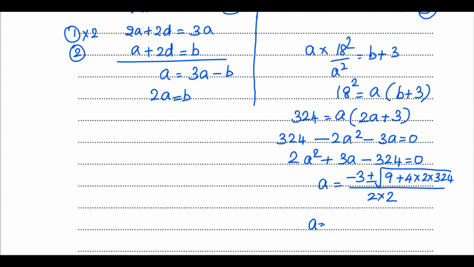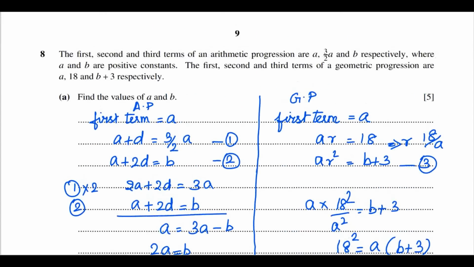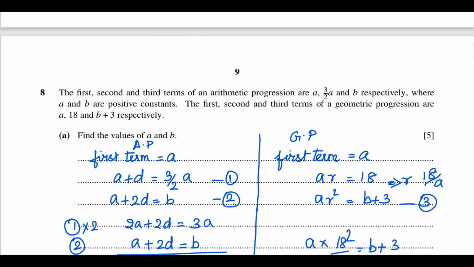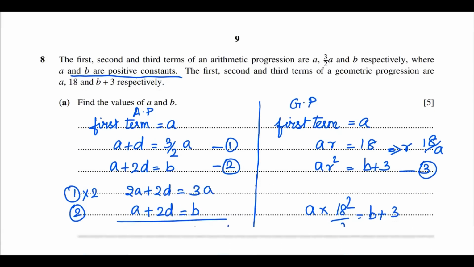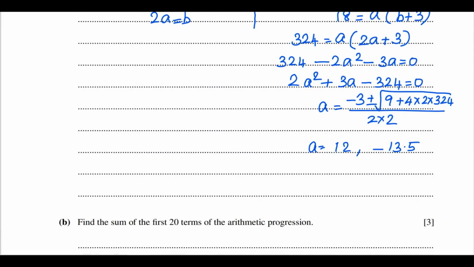So A is equal to 12, or negative 13.5. These two values we get, but because it's given that A and B are positive constants, we are taking A as 12. Since A is positive, we take A equal to 12.